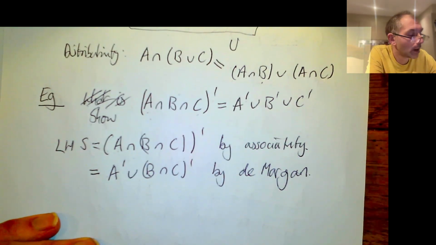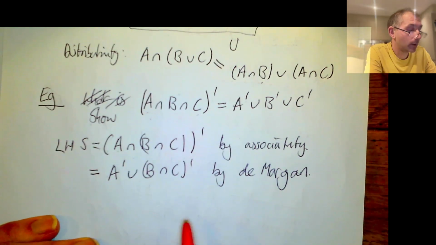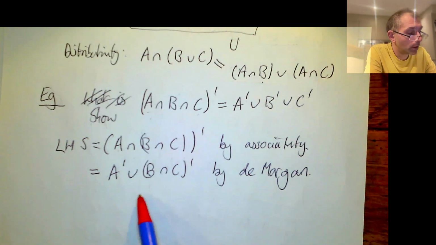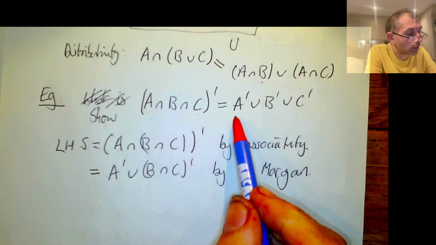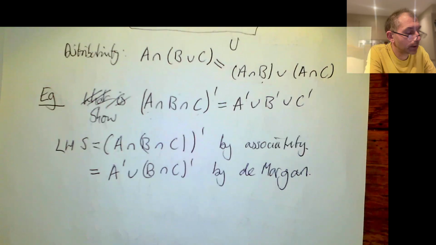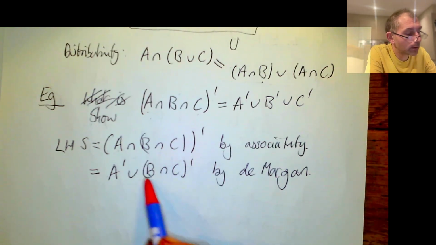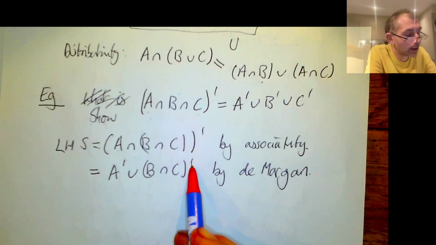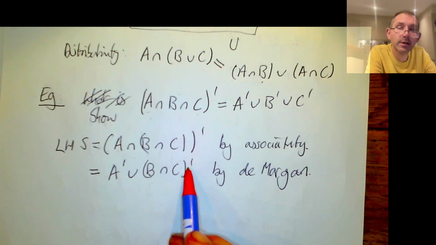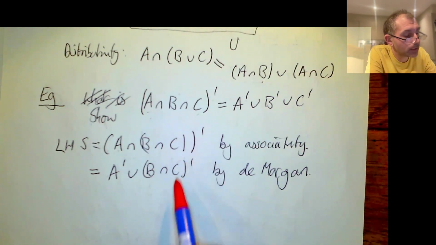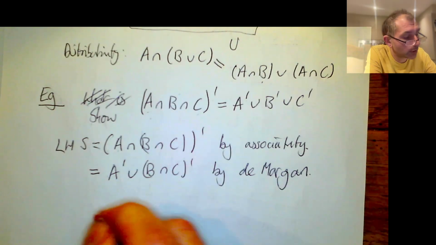Okay. Now we need to do some more work because this is still not quite looking like the right-hand side. But we can work on this bit here. We've got another intersection with a complement, and we know how to treat those. We just take the complement of each and then union them.